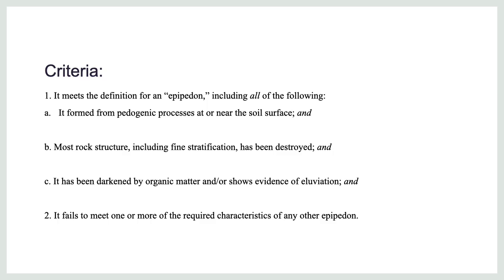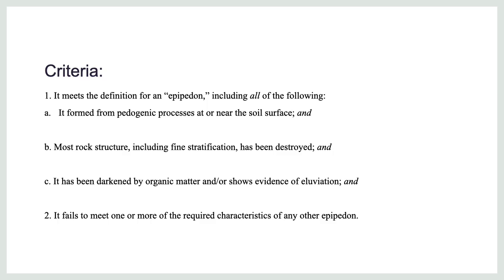So okay, it's quite easy to understand that I'm seeing that this specific horizon is quite related to biological activity. Most of the rock structure, including fine stratification, has been destroyed, so I cannot find a lot of rock structure in that specific section. It has been darkened by organic matter and or shows evidence of alluviation.